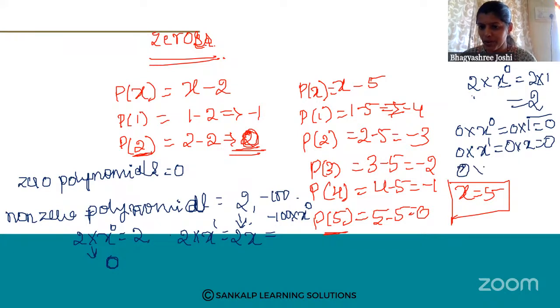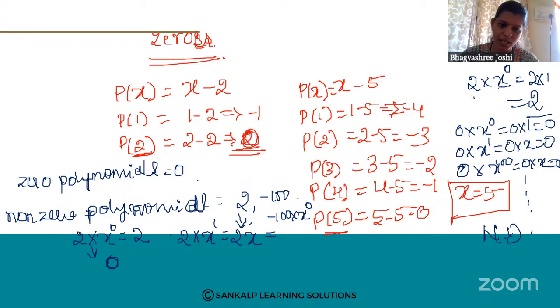If I do 0 into x raised to 100, then also I will get 0 only. So if I multiply any number with 0, I will get 0 only. So here we can't define the exact degree of the polynomial. So this is called not defined, ND. So the degree of the polynomial is ND.